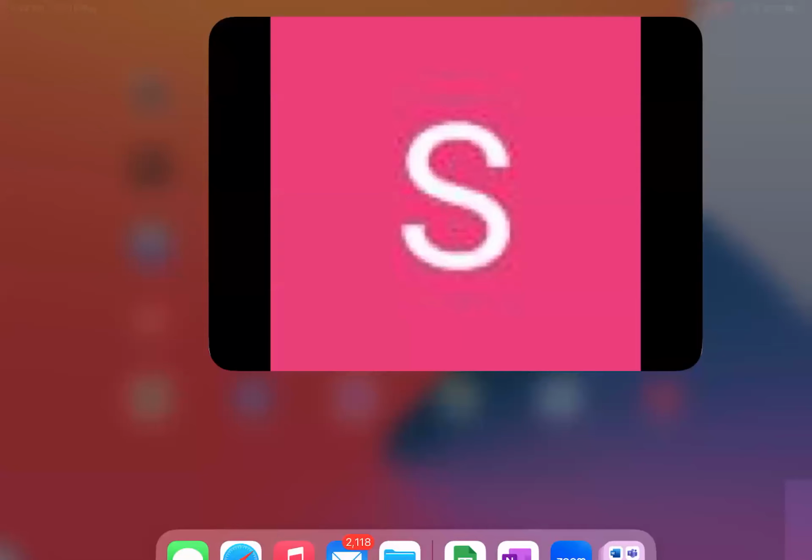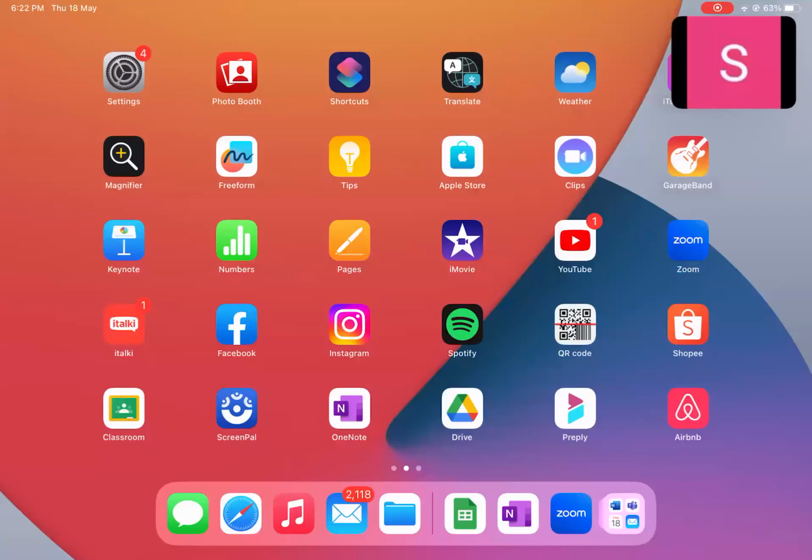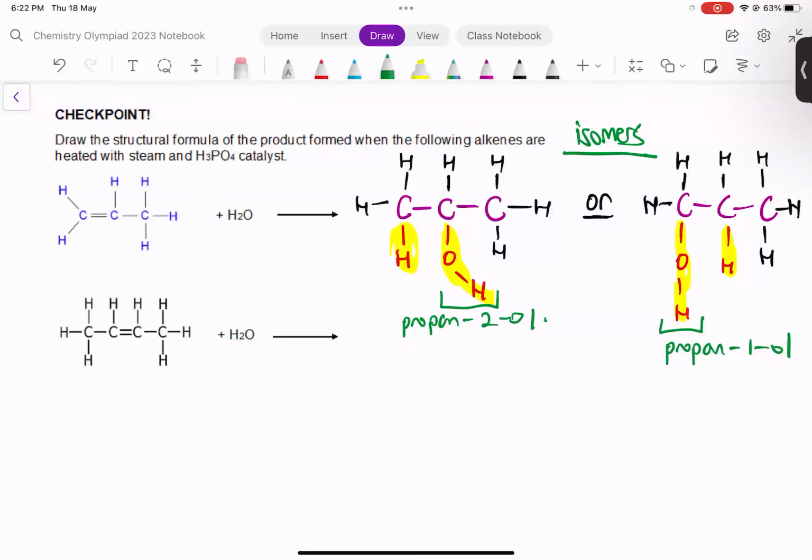As it turns out, the more common product in this case will actually be propan-2-ol. This is what we call the major product.